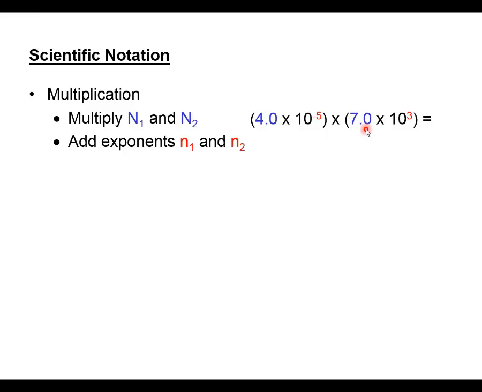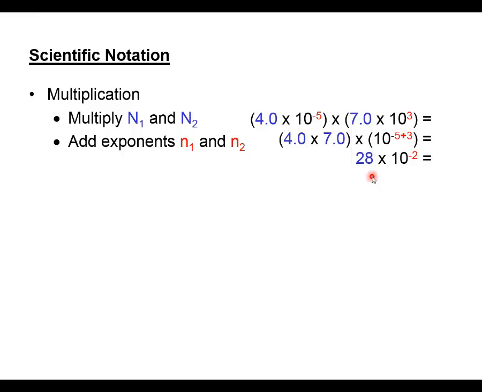So I take the 4.0 times 7.0, and then I just add my exponents. Remember, if I have a negative exponent, we're going to take a -5 plus 3 to find out my new exponent. So I write my new value. It's 4 times 7 is 28, and then I have 10 to the -2 for my exponent. Now, this isn't proper scientific notation, so we're not quite done.